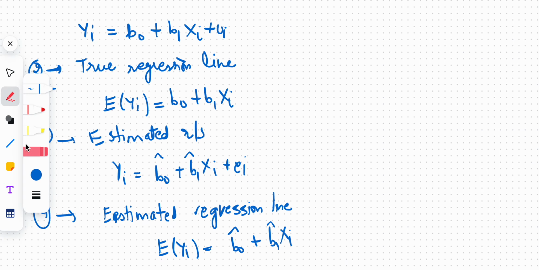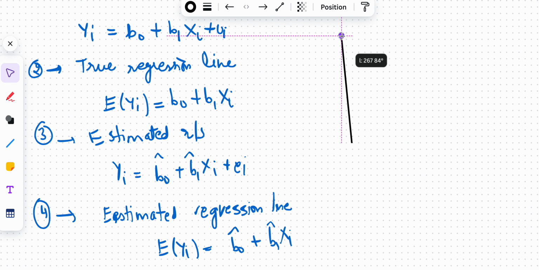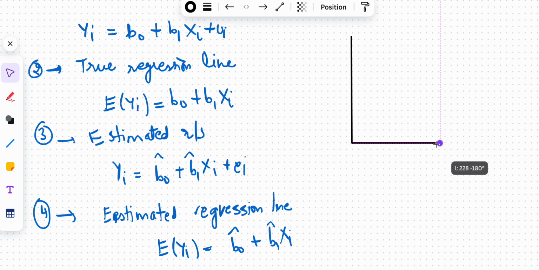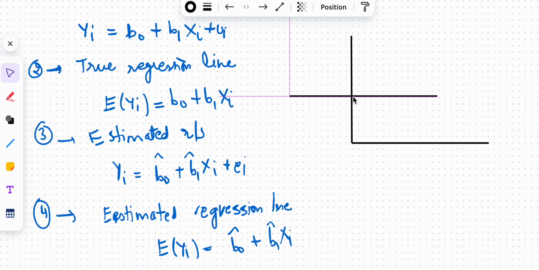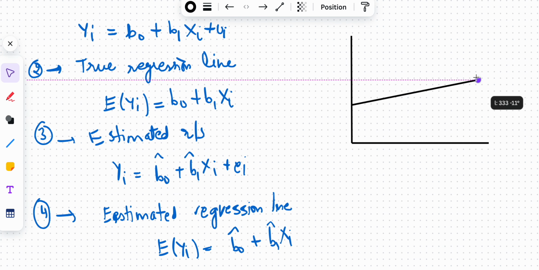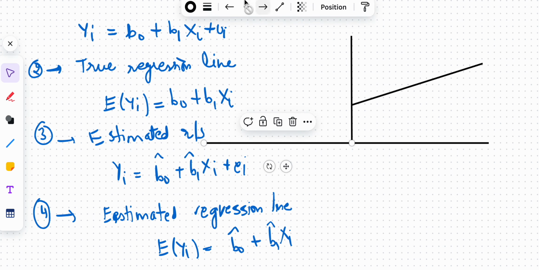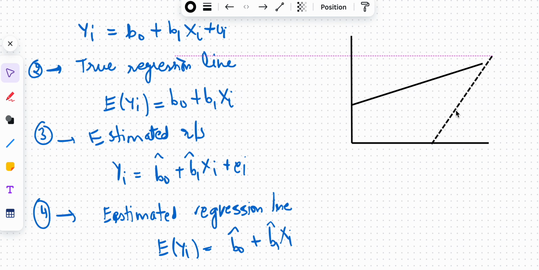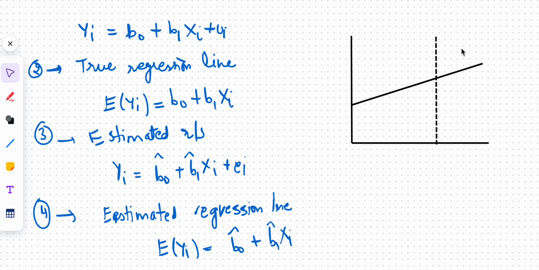If I had to draw this, we're going to make one more line which is going to be dotted. And similarly we'll have one more dotted line.